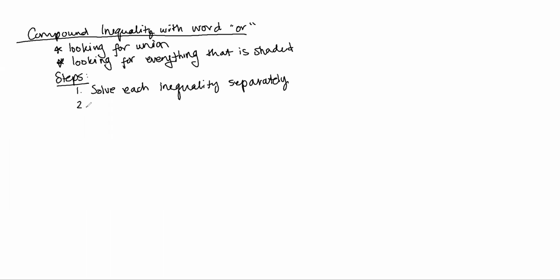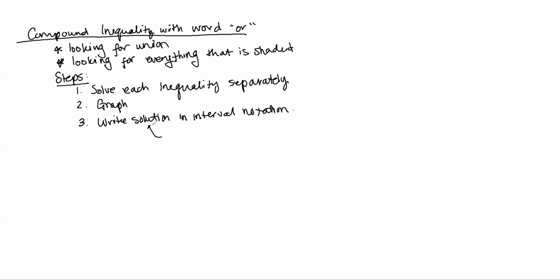After you've done that, just like we did before, our next step is going to be to graph. And this one you can do 1 or 2 number lines. I'm just going to stick to doing 2 number lines. So I would just pick a method and stick to it so you're not kind of jumping between 2 different methods. And then you're going to write the solution in interval notation.